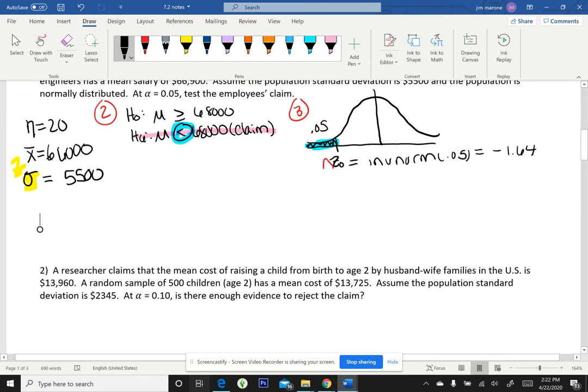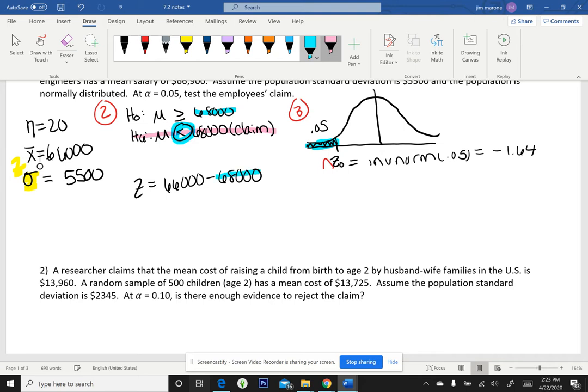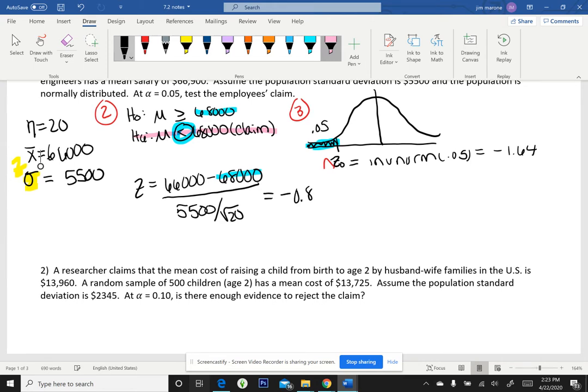So z equals the sample mean, which is 66,000, minus the population mean, which is that mean up here in the problem, divided by the population standard deviation divided by the square root of n. Usually I do the top and then I do the bottom and then I divide, and you would get negative 0.89. So this is called my test statistic, or my test value, whatever you want to call it.